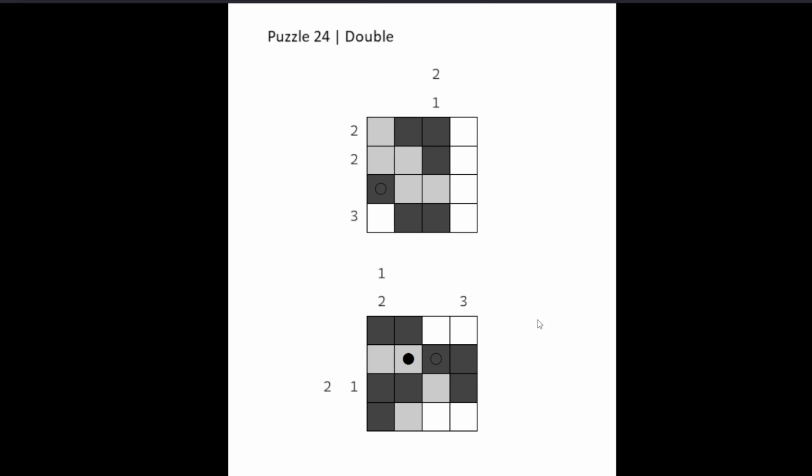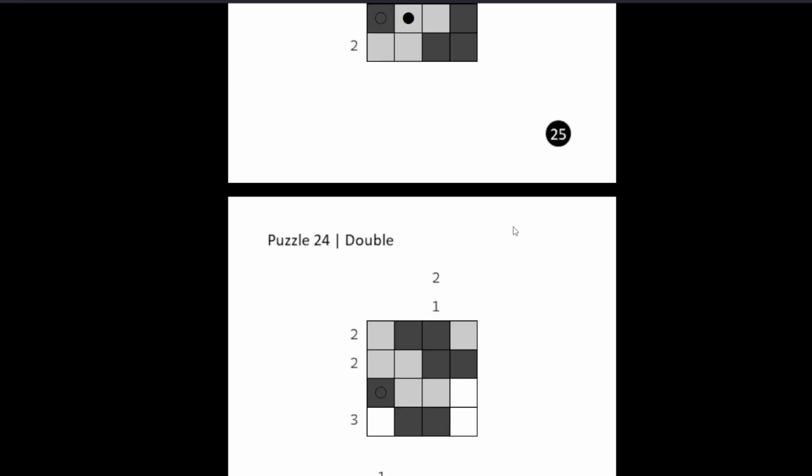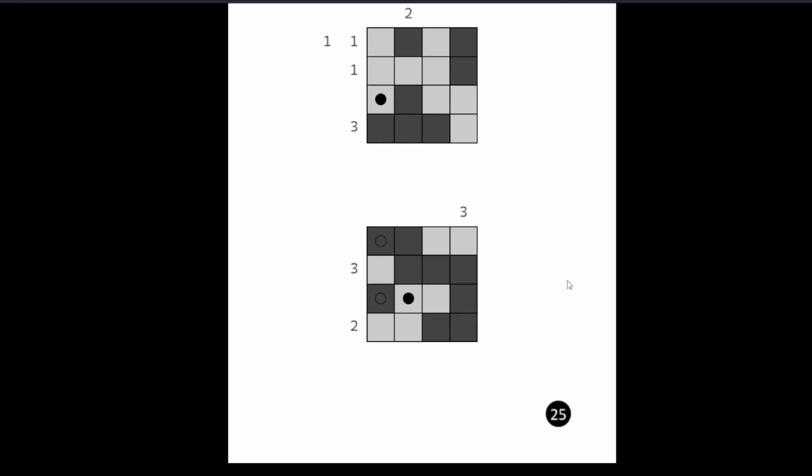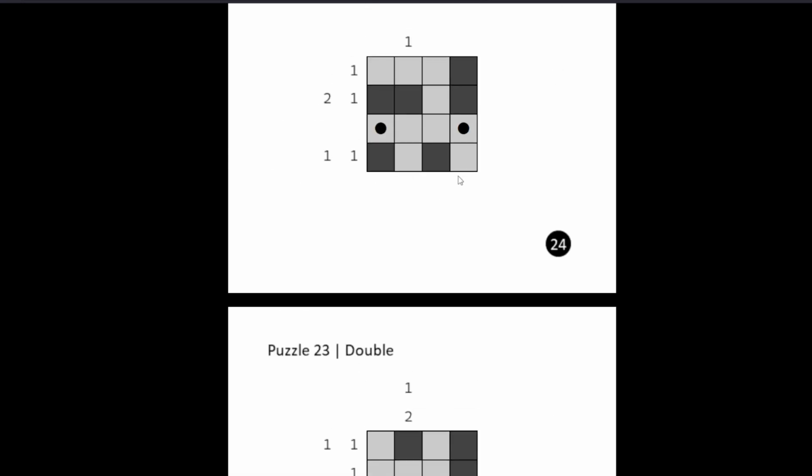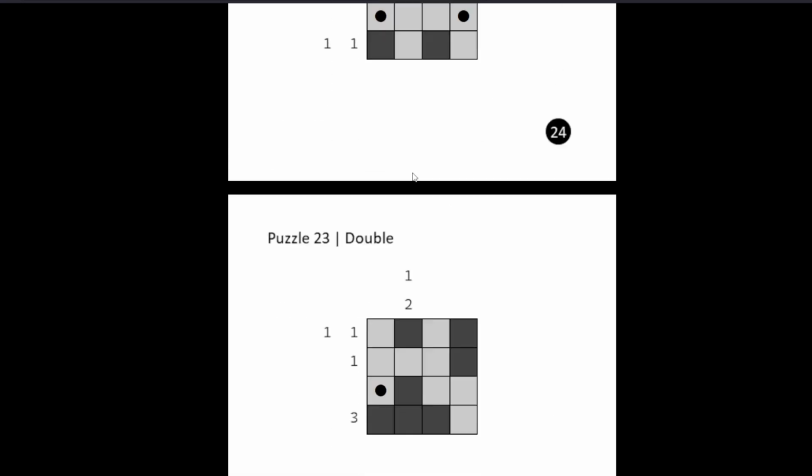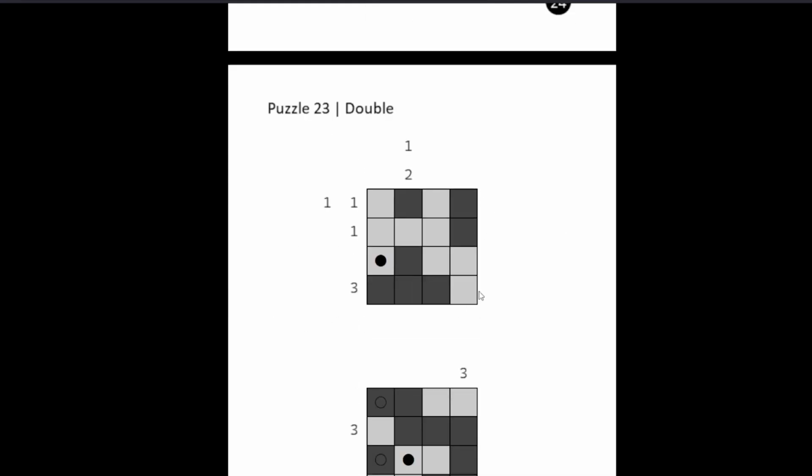Sorry, I erased a little too much. Okay. What am I missing? There's nothing about the number of black dots, right? Here it's 6, here it's 7.